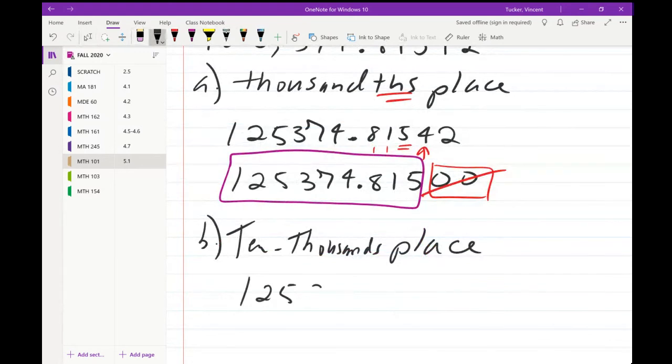So there's no TH, so we're looking at the left of the decimal. The 10,000s place is right here.